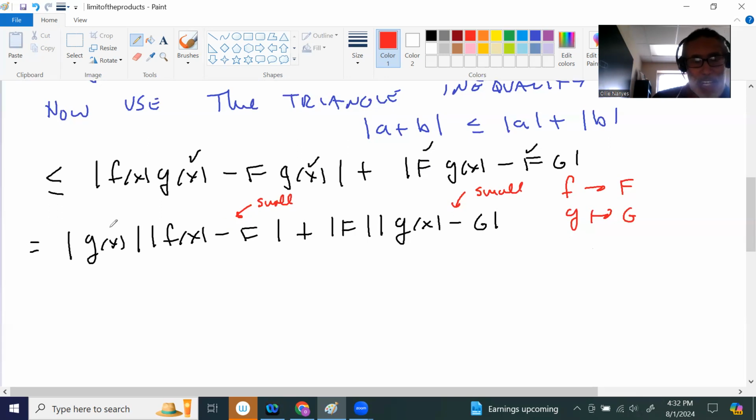Well, we'd like to find a bound for this G. This is a constant, so we don't really need to bound that. We'd like to find a constant here, this G. And we know this is going to get small, but we'd like to know how small. And somehow it would be great if, after all is said and done, we'd like for that to be less than some arbitrary epsilon over 2.